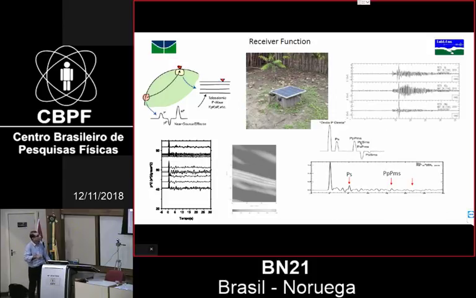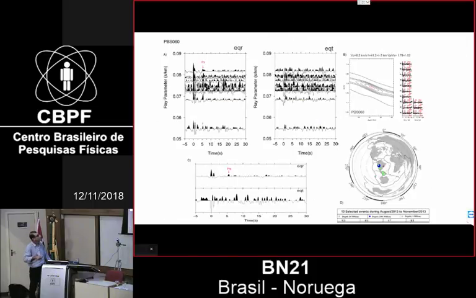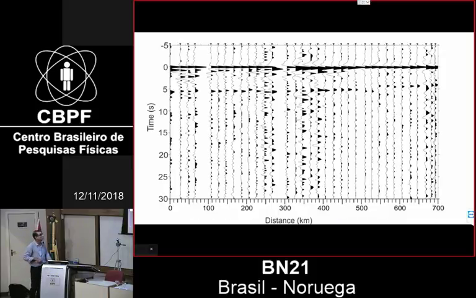These are some RF results. For each station, you can obtain something like that. Here I have a very nice result with H-K stacking that permits me to have the depth of the crust and the Vp/Vs, the Poisson ratio.